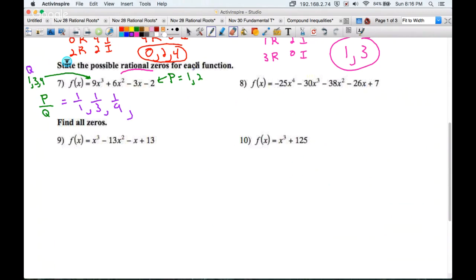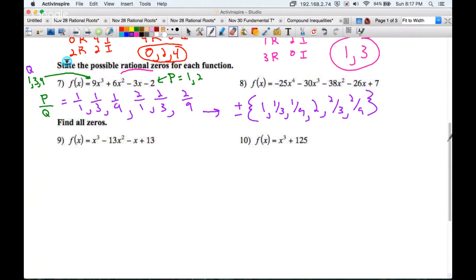Then I'll move on over to the 2 and do 2 over 1, 2 over 3, and 2 over 9. This can be simplified down a little bit. And also let's add that plus minus in front now, because when we said integer factors, that includes the negatives. So now I've got 1, 1/3, 1/9, 2, 2/3, and 2/9.